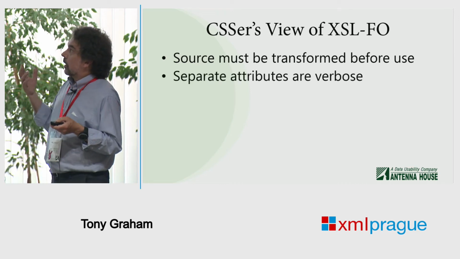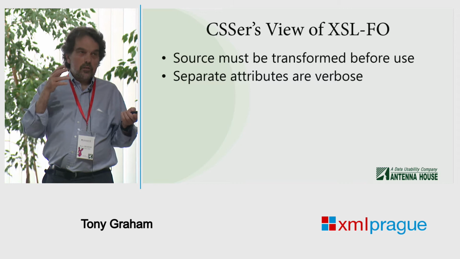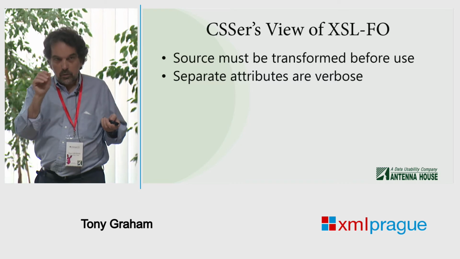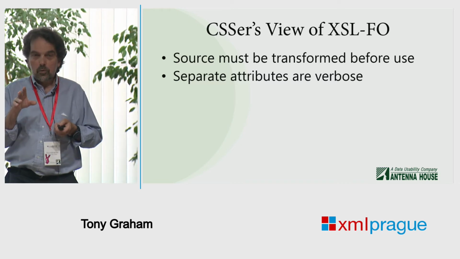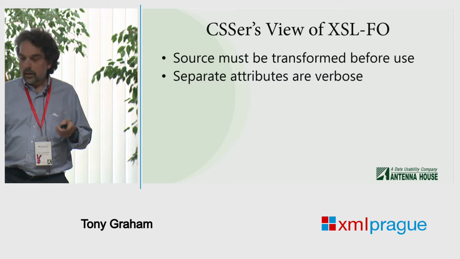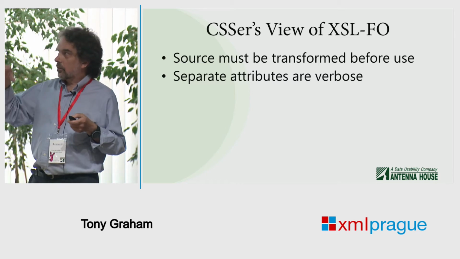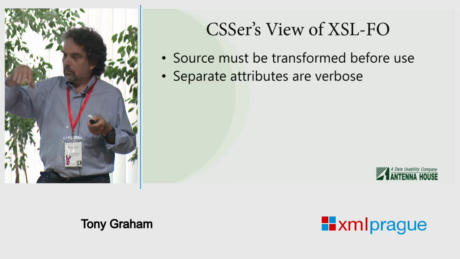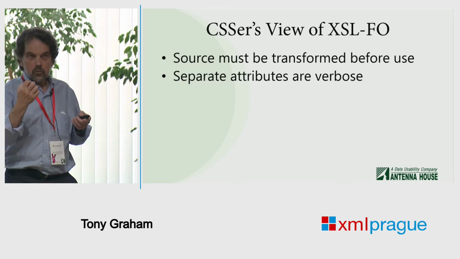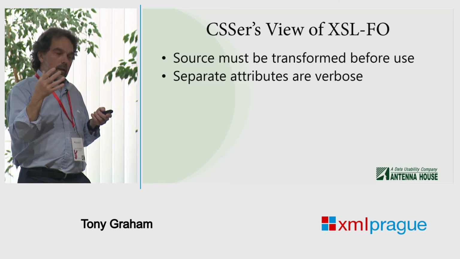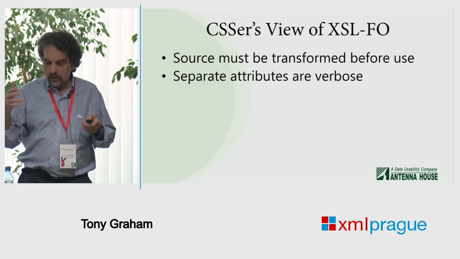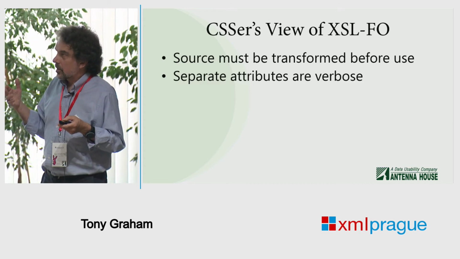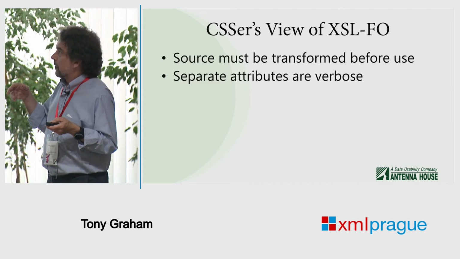The use of separate attributes for XSL-FO is verbose when you have properties and the properties can cascade, etc. But if you come from XSLT, then being able to work with attributes and generate individual attributes is just natural.